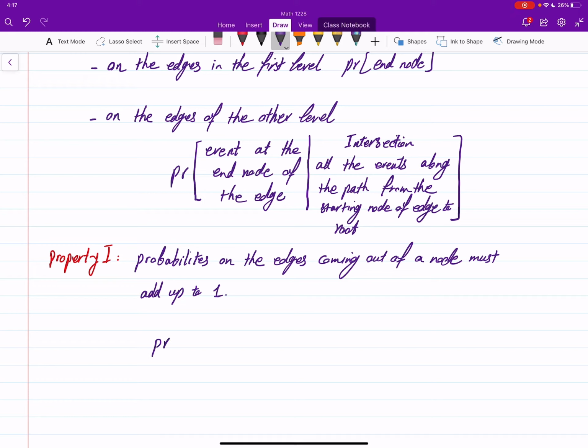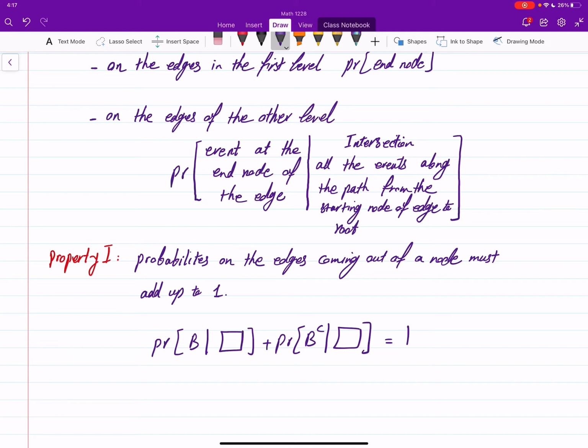For example, if there are two edges coming out from a node, the probability of, say, any event here, B, knowing that something happened before, added to the probability of its complement, knowing that the same thing happened, is always equal to 1. So that's just a simple thing that you have to keep in mind.